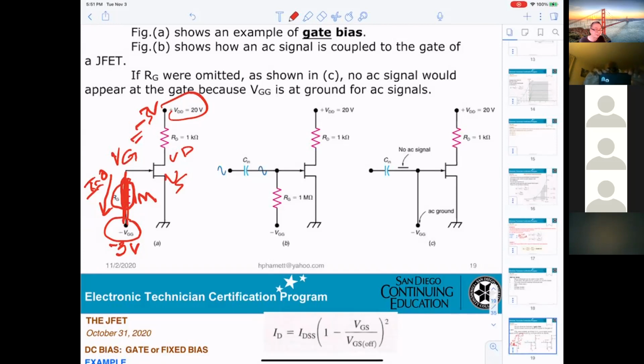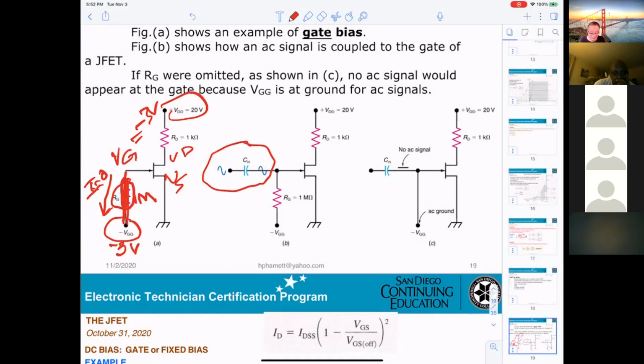But I'll try to explain why they need that resistor, even though it's not doing anything. This is for the AC circuit, that means for the amplifier. When you apply the AC signal to the gate, the capacitor is a DC blocking AC coupling.